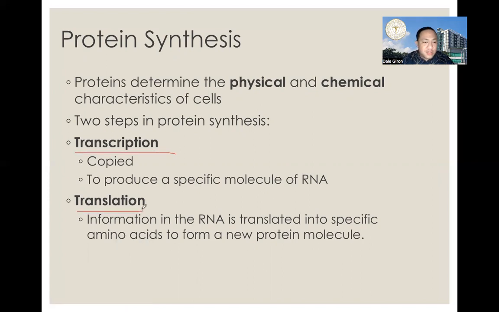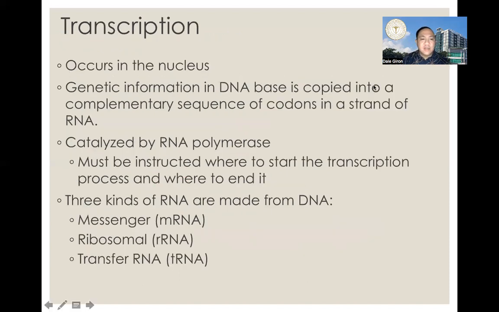By definition, transcription is copying, producing a specific molecule of RNA, while translation is when the information in that RNA is translated to become a specific amino acid to form a new protein. So before the translation happens, there should be a transcription, before it goes to being translated into a specific amino acid. Now, transcription occurs in the nucleus.